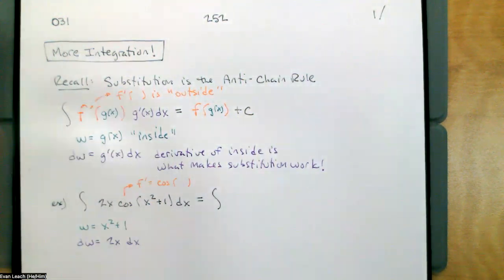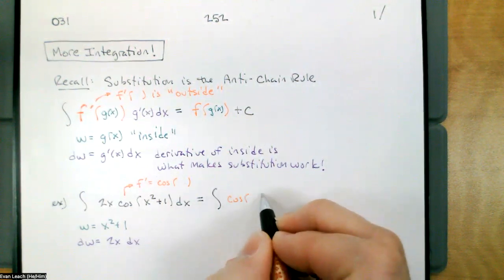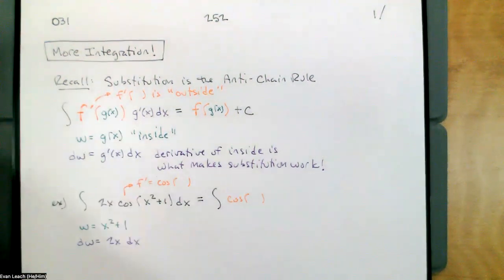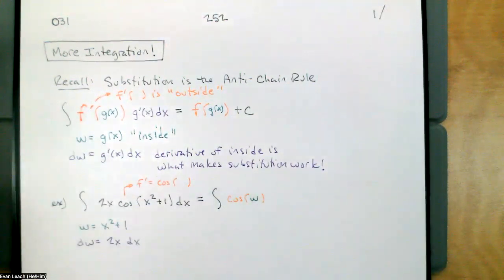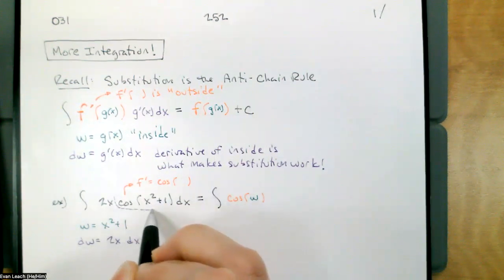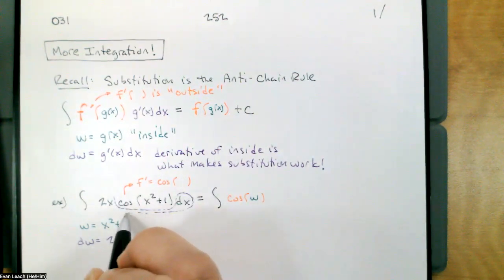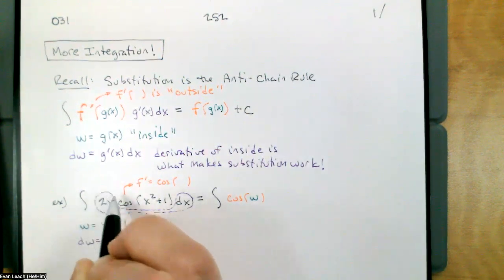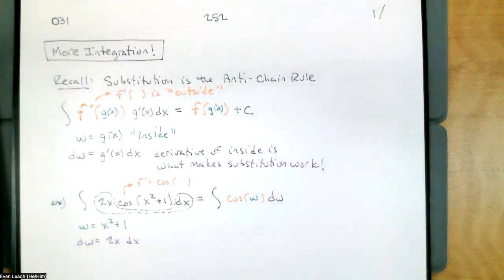So we'll be integrating the cosine of w, because the x squared plus 1 gets replaced with w. And this substitution will work because I've got this 2x dx as a factor. That 2x dx, all of that is our dw.